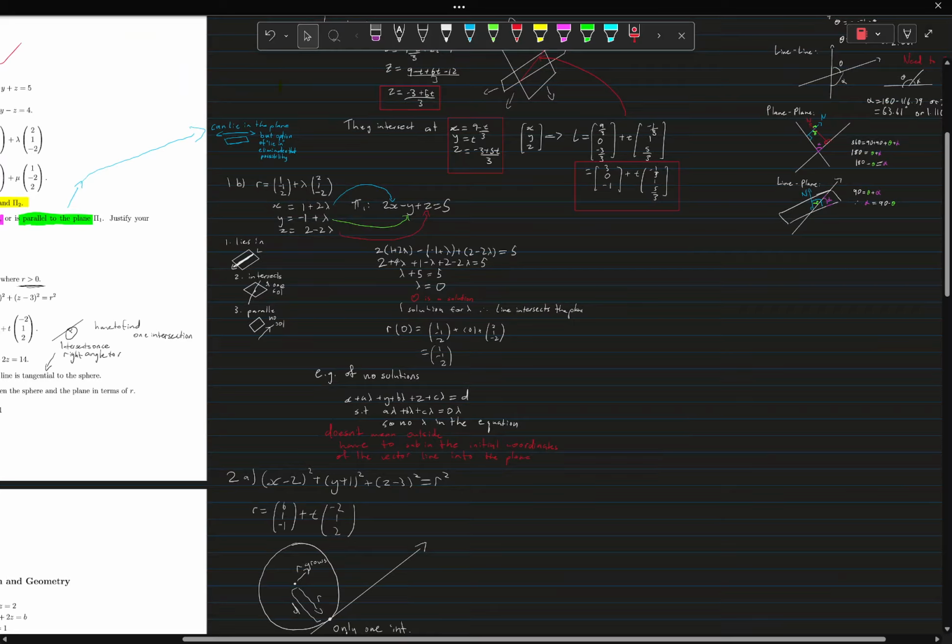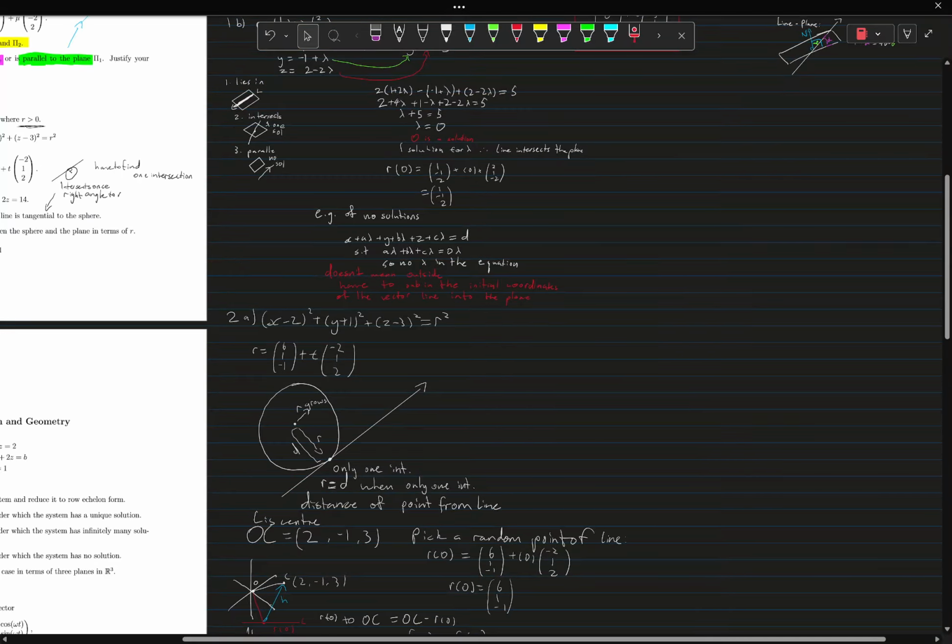What is the method you were doing? Oh, you are finding t, the point where it's directly perpendicular to the center, and then you find the distance from there.